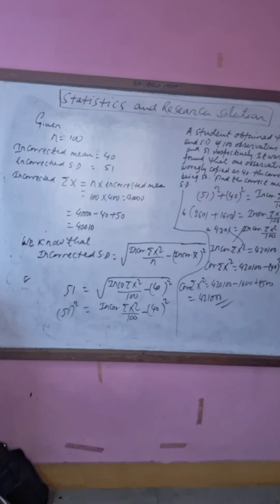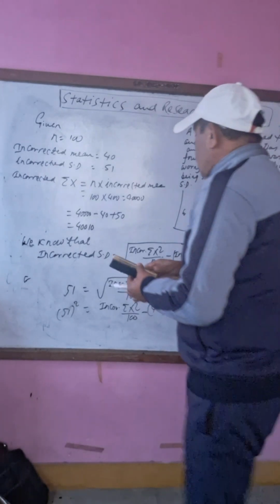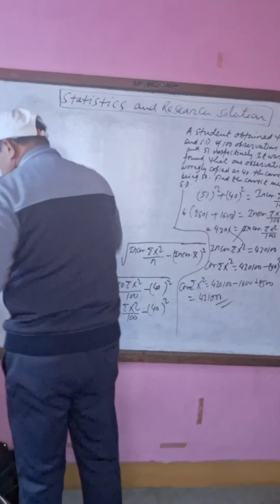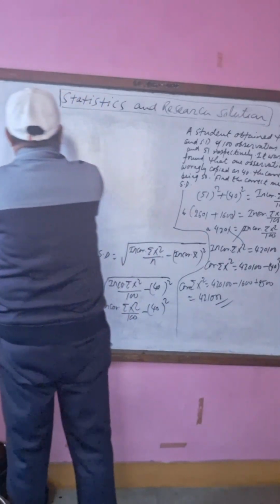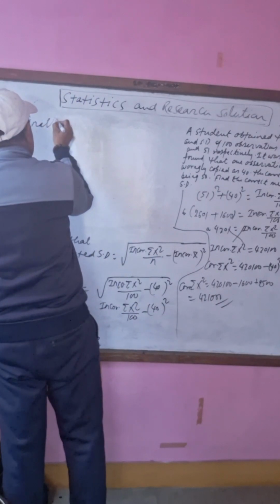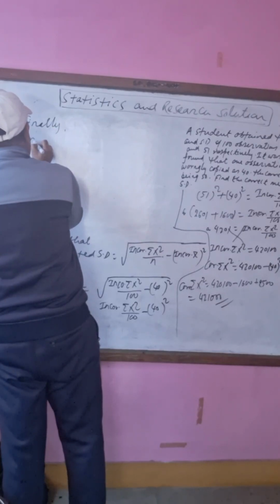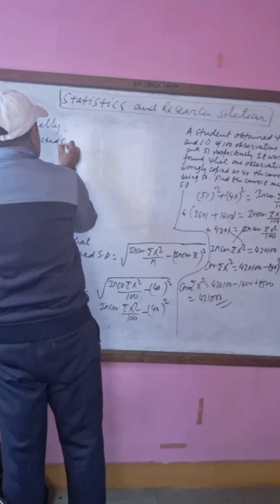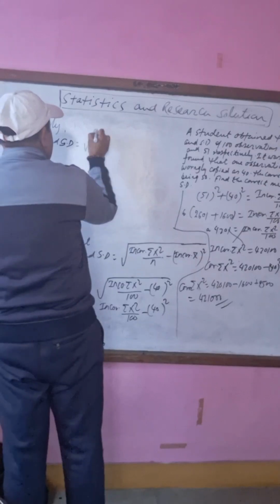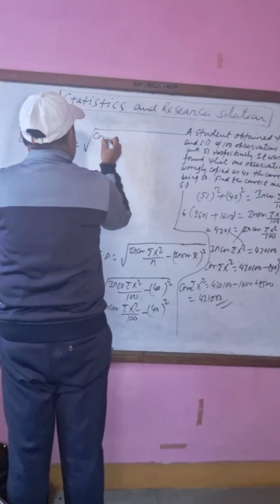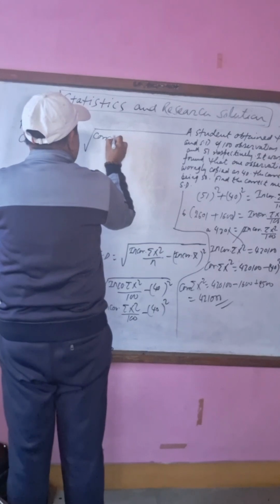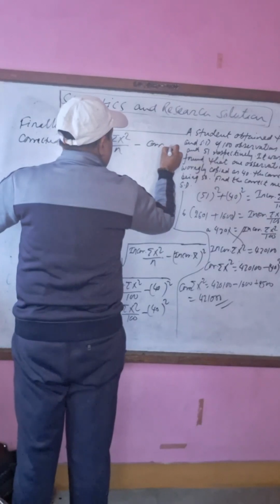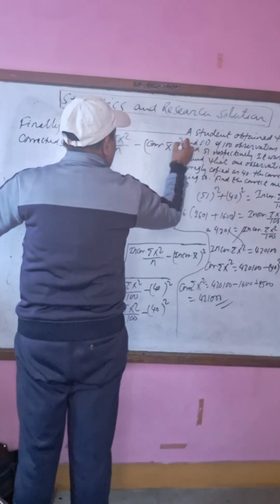Finally, corrected standard deviation is equal to the square root of corrected summation x square upon n minus corrected x bar whole square.